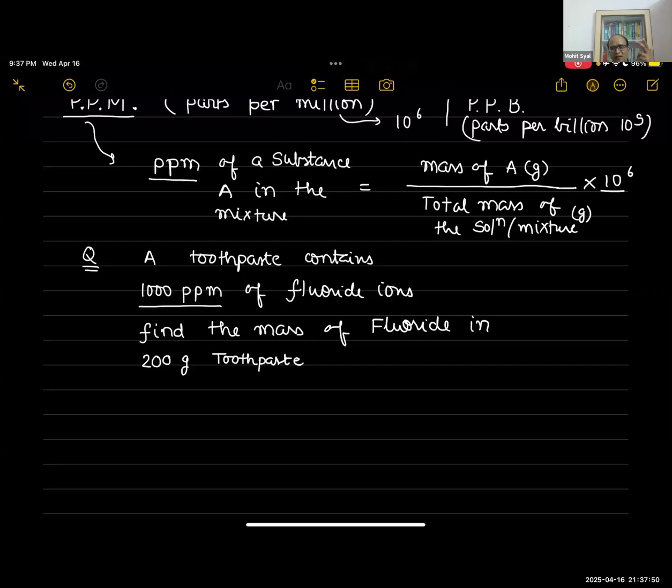So you have a big tube that is of 200 grams. That 200 gram bigger tube of Colgate or something, how much fluoride is present in it, that you need to find.